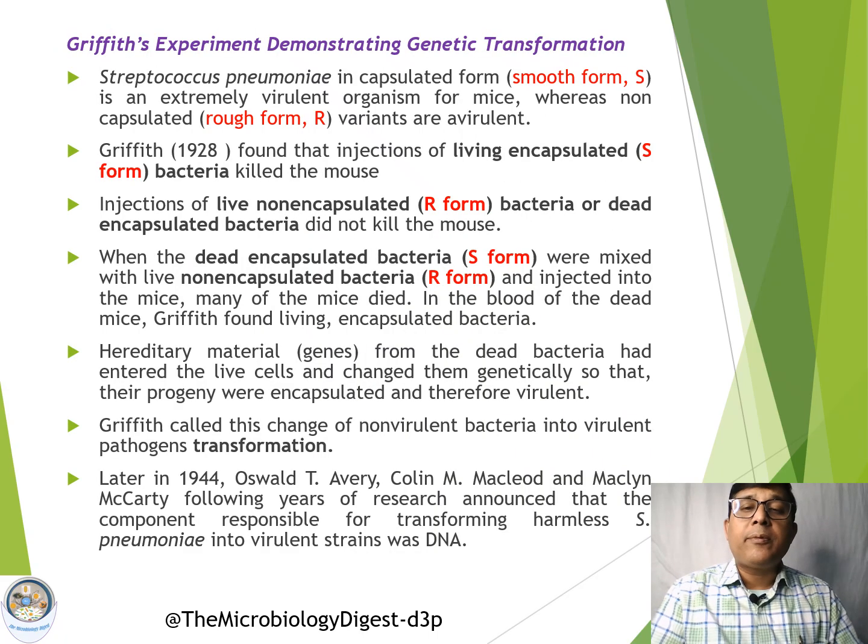So what did he perform to demonstrate genetic transformation? Streptococcus pneumoniae has two different variants. One variant is the capsulated variant, also called the smooth variant, and the other is the non-capsulated variant, also called the rough variant.